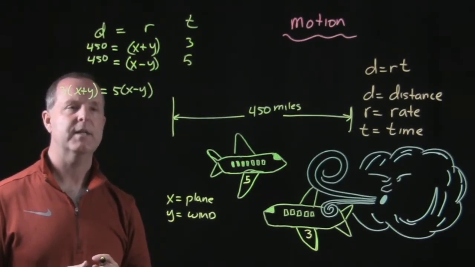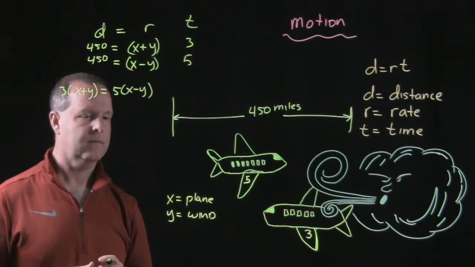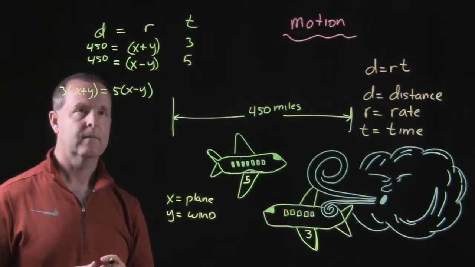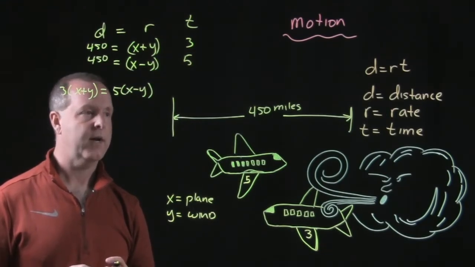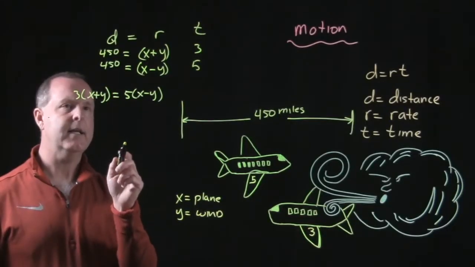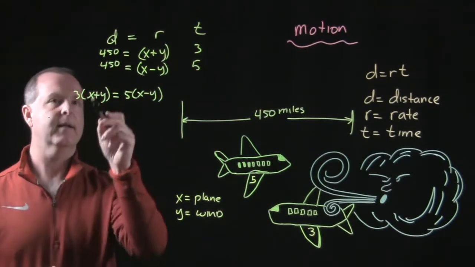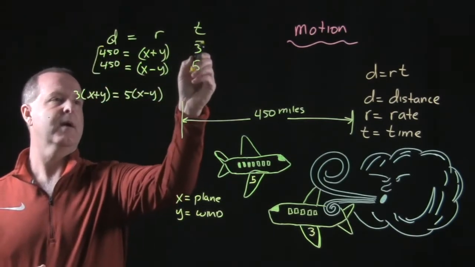I need another equation in there. Actually, I think I may have jumped ahead of myself here now that I think about it. This might be my system right there.